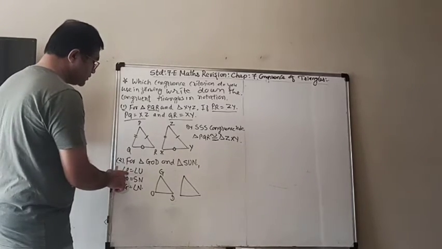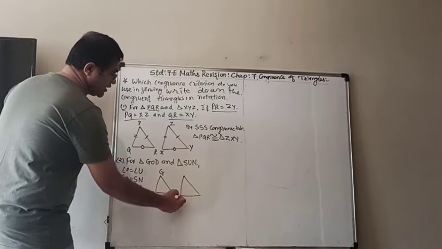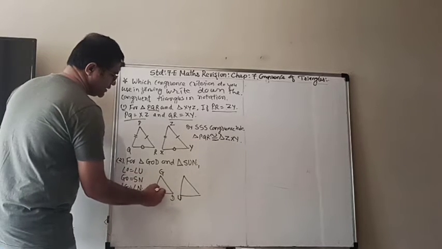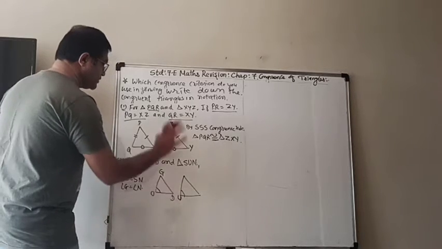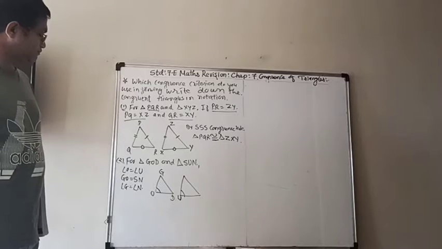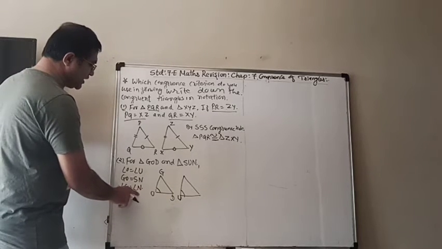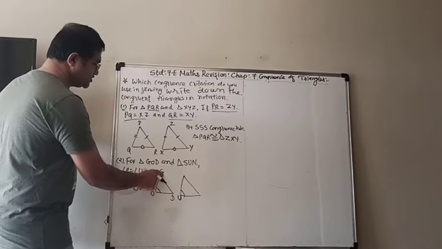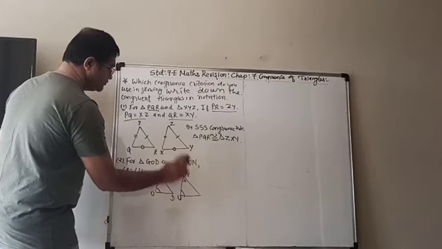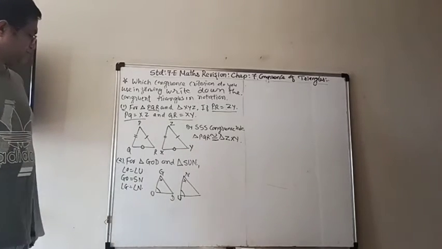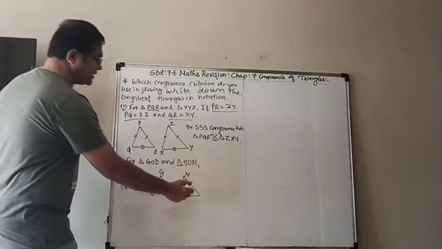So angle O is with angle U. So O is here, so you can write down U here and draw the same sign, showing that their measurements are equal. Another angle is also there. G and N are equal. So G is here, so you can have N there with the same sign in it. And then, what is remaining as?